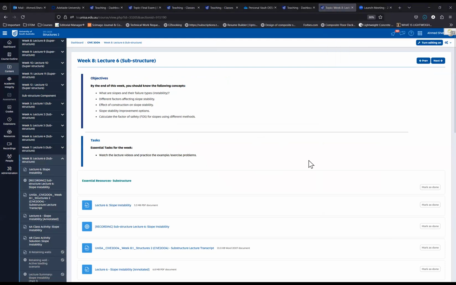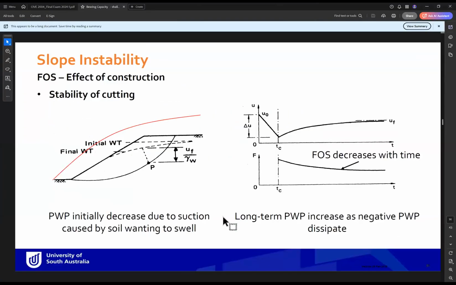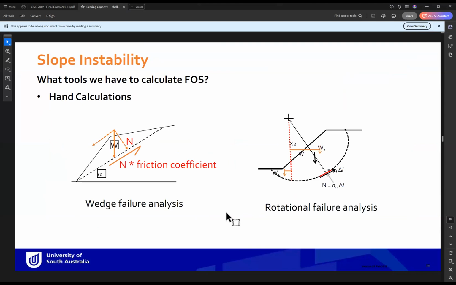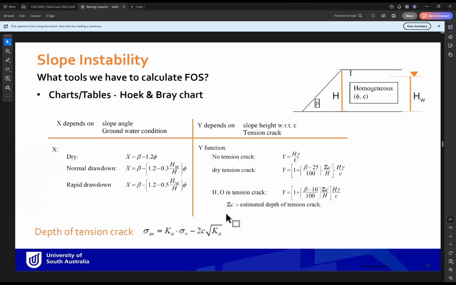Under week 7, lecture 5, this is the slope and stability part. Yeah, this one here. So either one of them will come in the test.